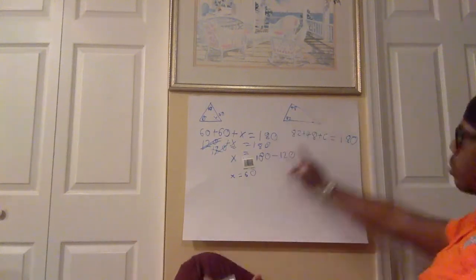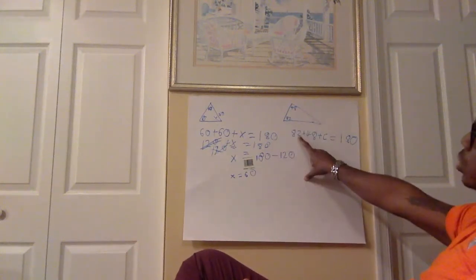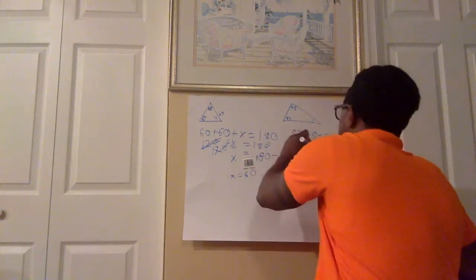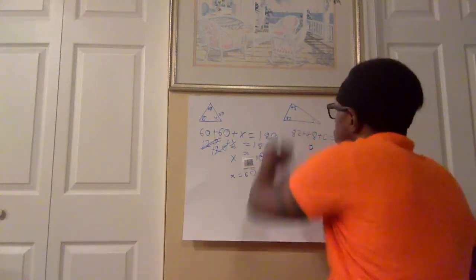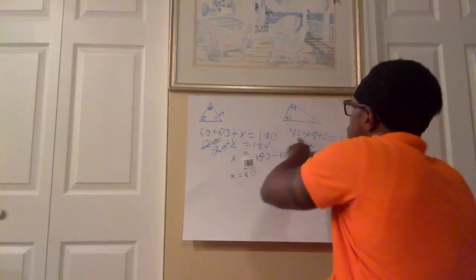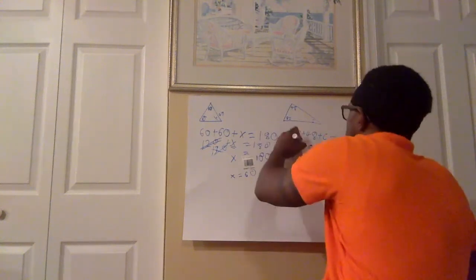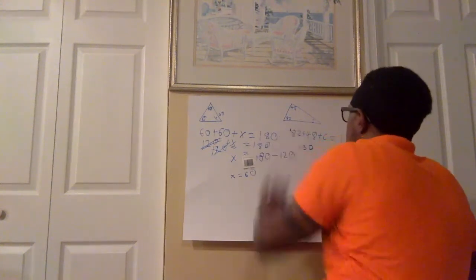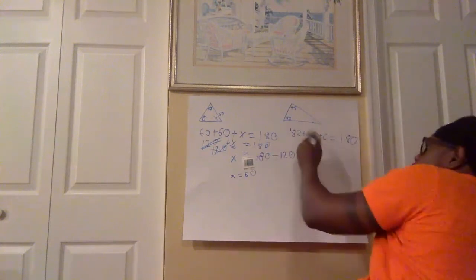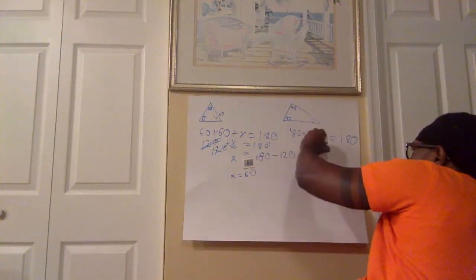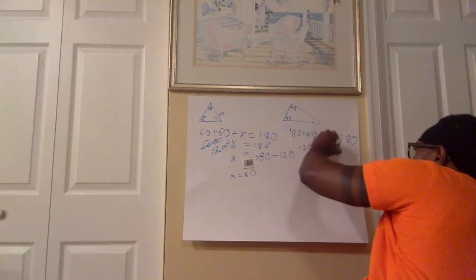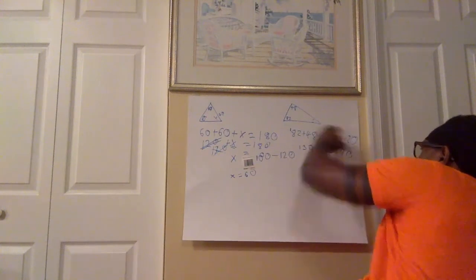I want to give you a minute, but I don't have that much time. 8 plus 2 is going to give us 0 at the end, remainder 1. 4 plus 8 is 12 plus 1. That's 130, plus C is giving us 180.